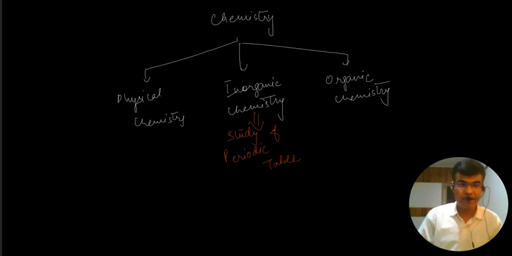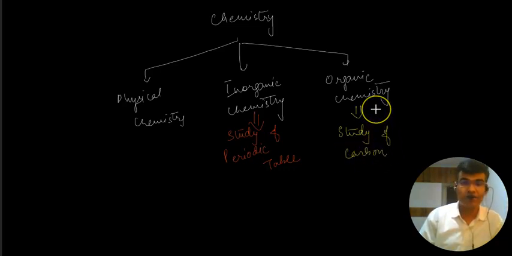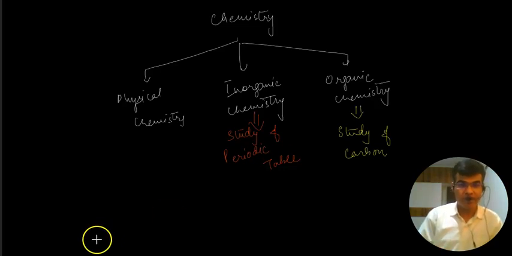Okay. Organic chemistry is devoted specifically to carbon. So the study of carbon and its compounds comes under organic chemistry. Carbon is so widespread that we have to give a separate branch of chemistry to it, right?